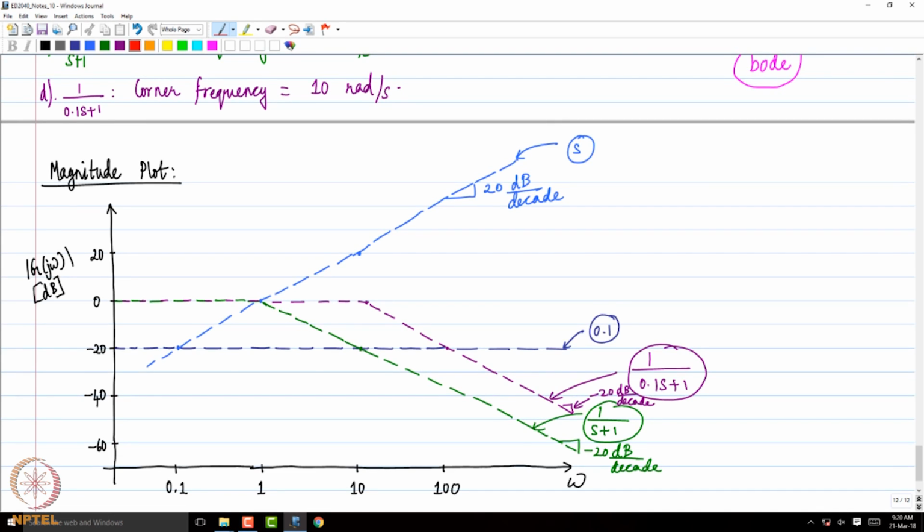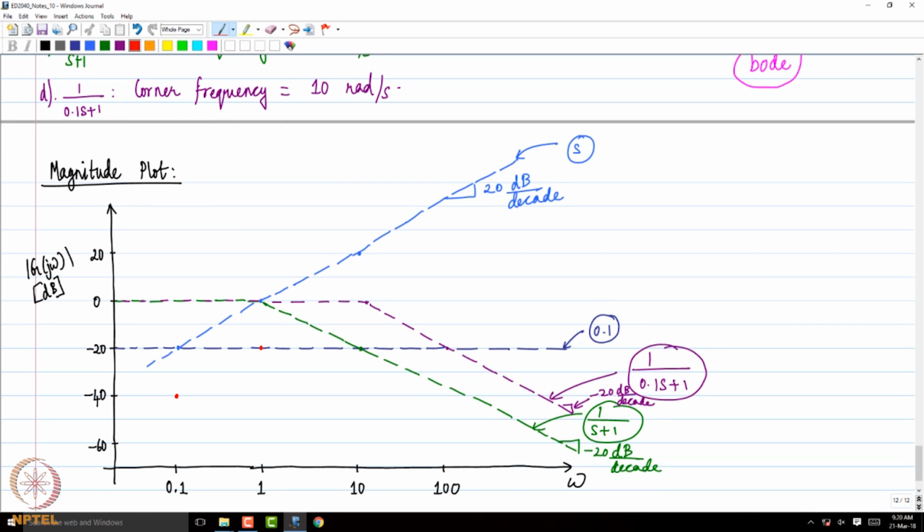Okay, so that's what I need to do. If I shift by minus 20 at the frequency of 0.1, the value will become minus 40, and at the value of 1, it is going to become minus 20. Okay, so that's what is going to happen to 0.1 times s, right, till the corner frequency of 1.